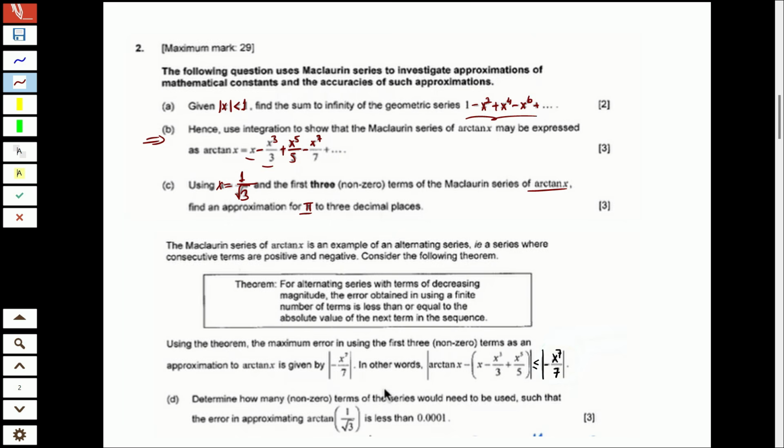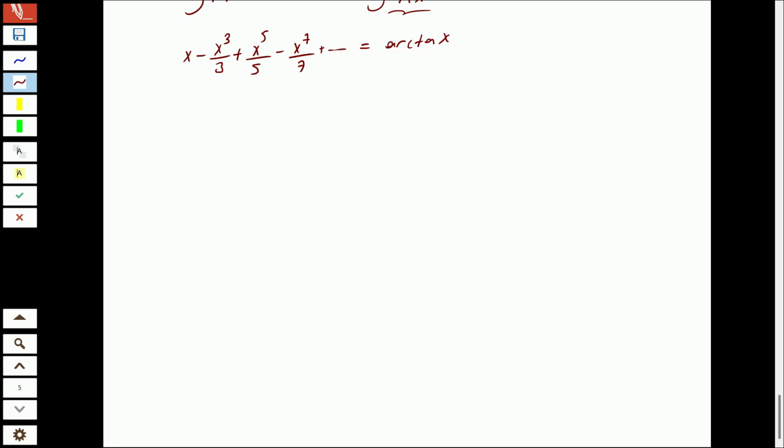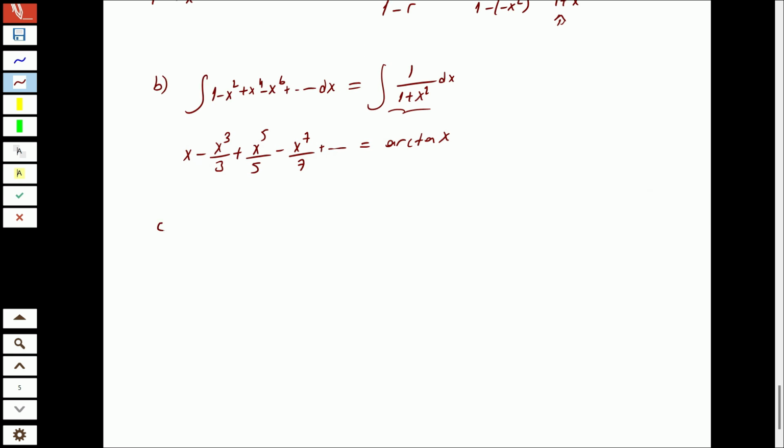Next question: x equals 1 divided by square root of 3 and the first three terms of the Maclaurin series of arctangent x. Find an approximation for pi to 3 decimal places. Okay, in the previous question, we wrote the Maclaurin series of arctangent x, and we're going to use just the first three terms.